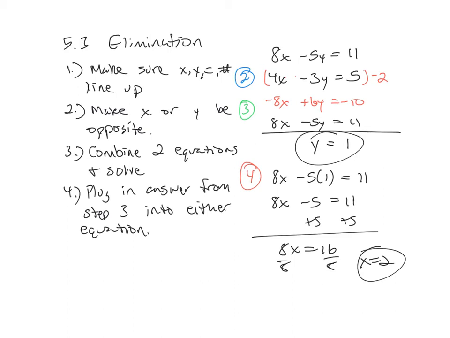Remember, I'm looking for the point where the lines cross. 2, 1. Okay. All right. So that's what happens if you have to multiply one of the equations together.